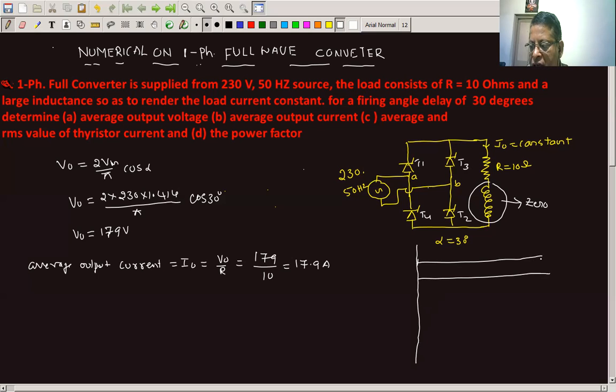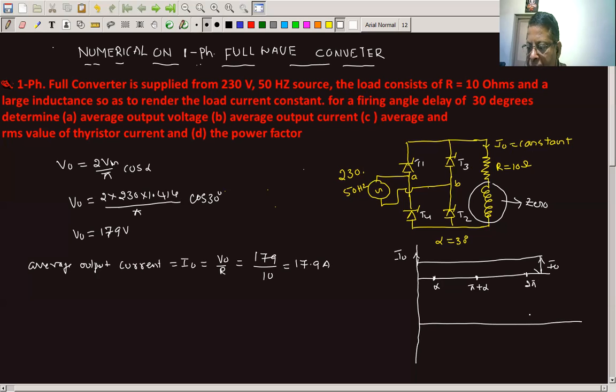This is the load current, I0, which is constant, that is given in the problem. Here you take this instant as alpha, this instant as pi plus alpha, and this instant as 2 pi.